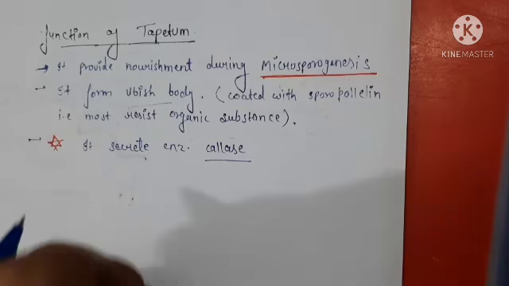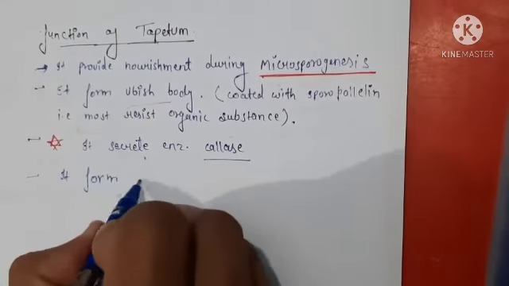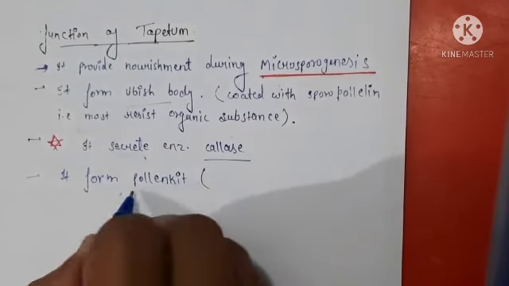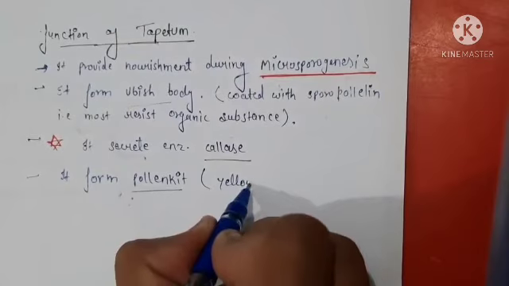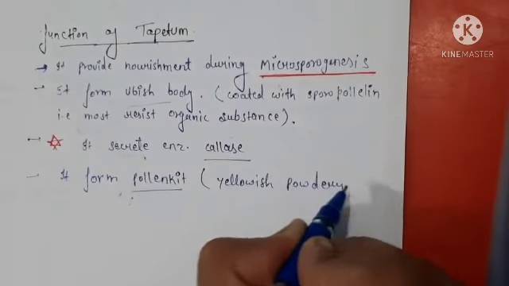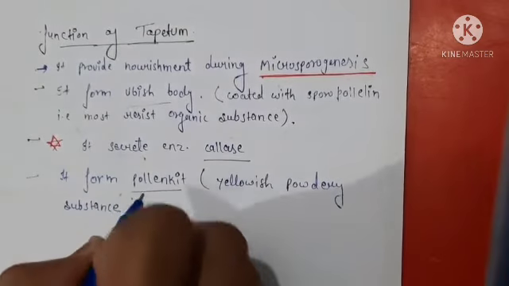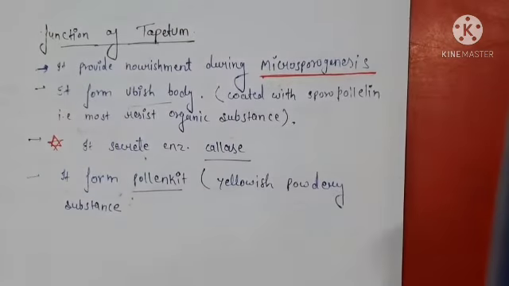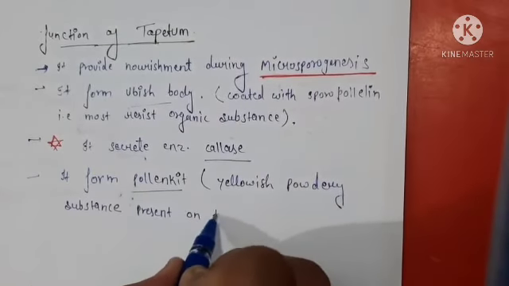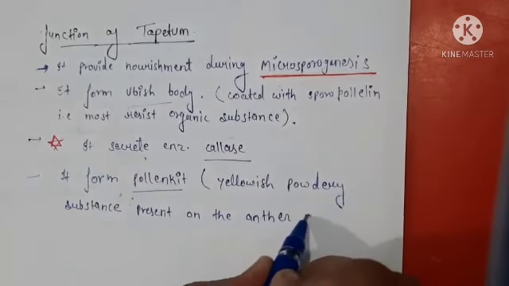And another is it forms pollen kit. What is pollen kit? It is a powdery substance present on the anther surface.